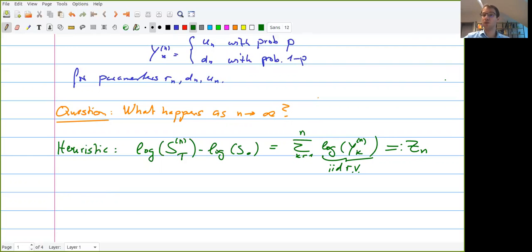And this is the tool we want to use to understand what's going on if we send n to infinity. So this is the central limit theorem.